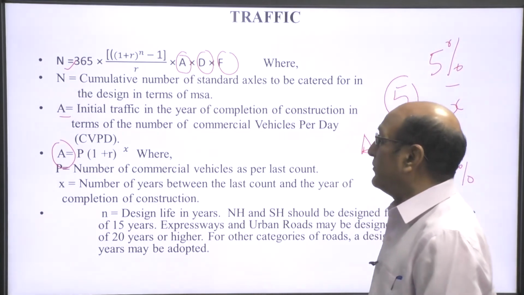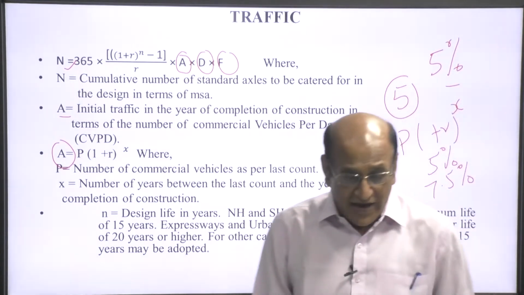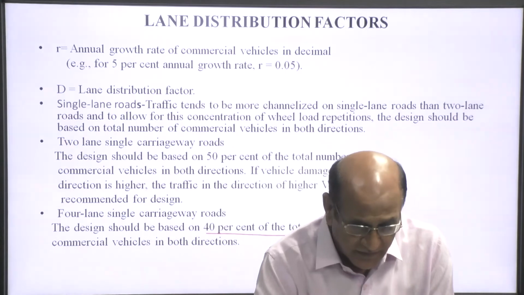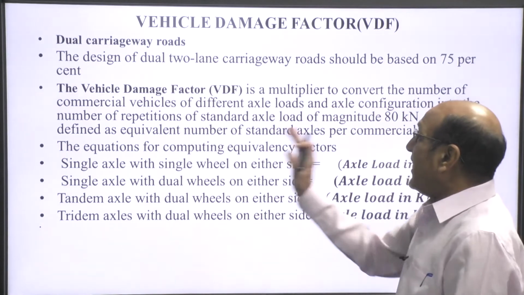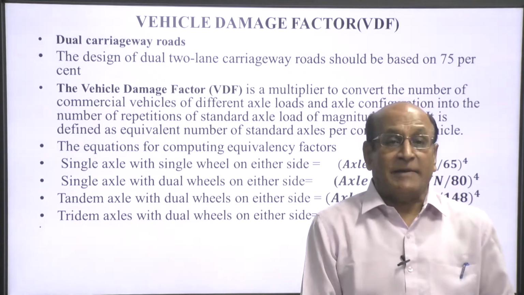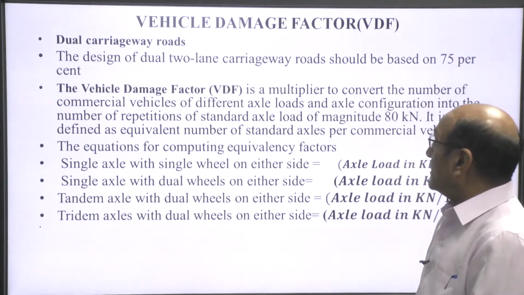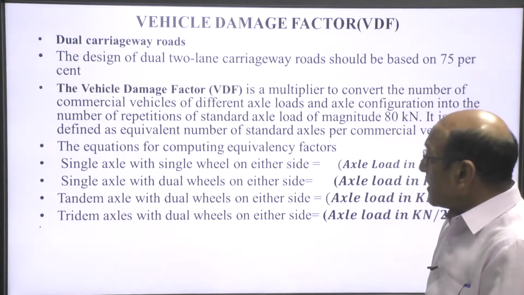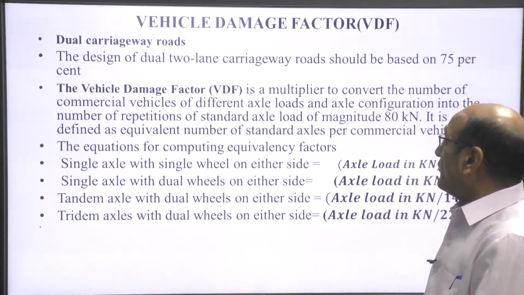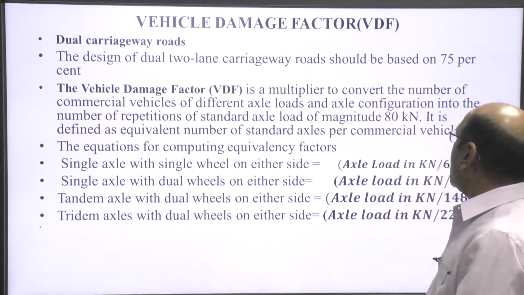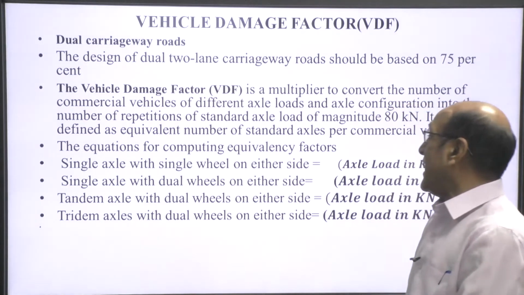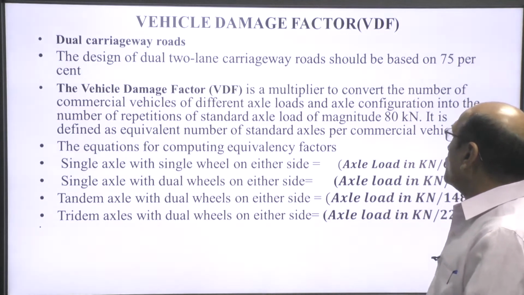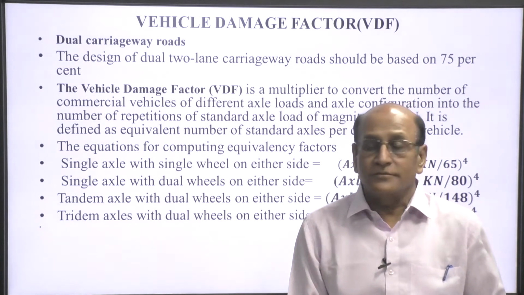The next parameter is F. F is the vehicle damage factor. The vehicle damage factor is a multiplier to convert the number of commercial vehicles of different axle load and axle configuration into the number of repetitions of a standard axle load of magnitude 80 kilonewton.